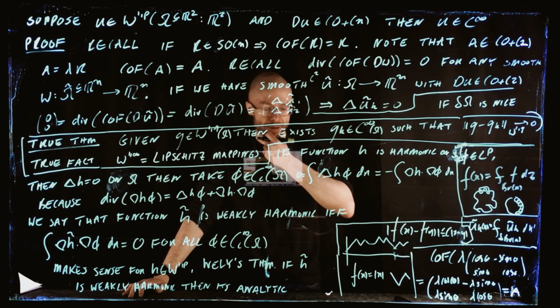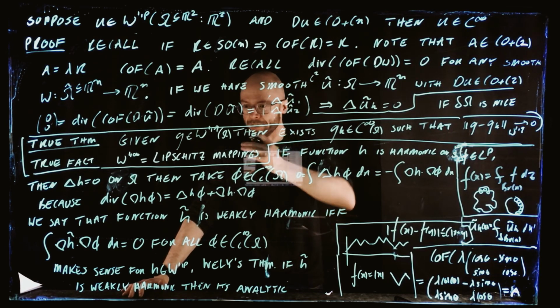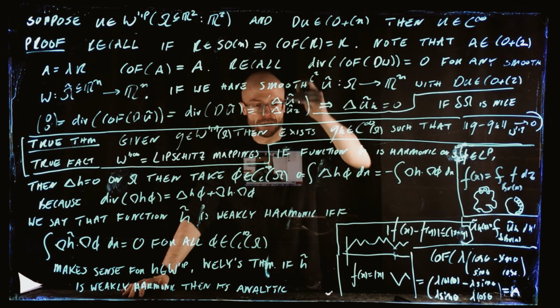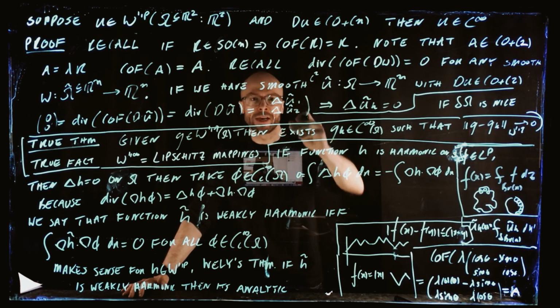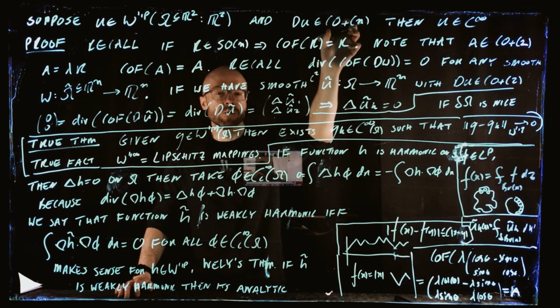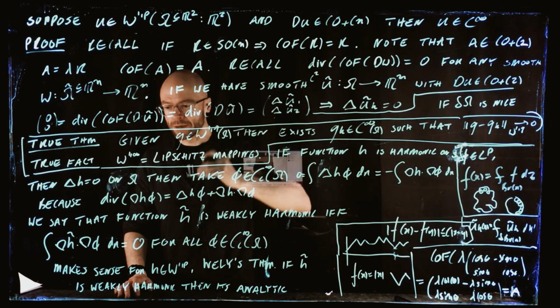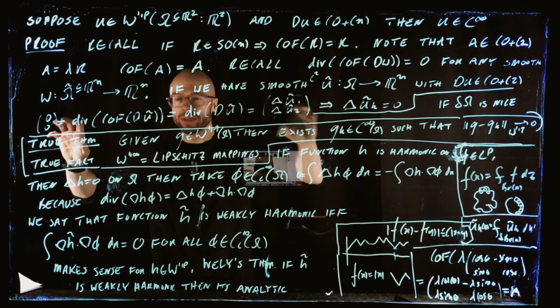A really good thing to do if you want to understand these things better is to take the components I've laid out here and try to put them together yourself. Try to use these facts to conclude that if we have a Sobolev function whose gradient belongs to conformal matrices, then we get the result.